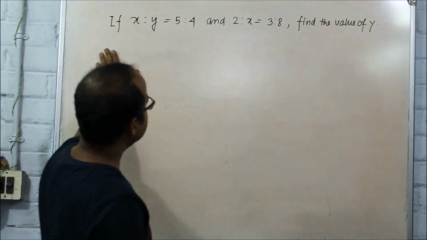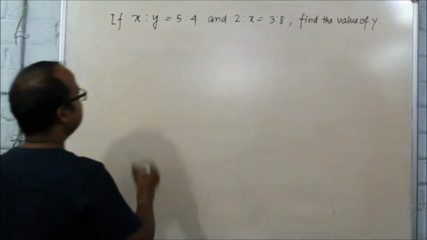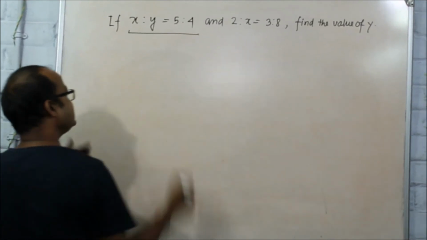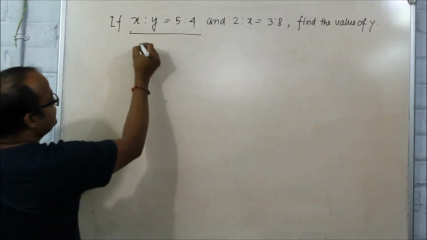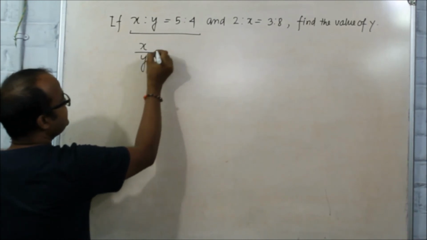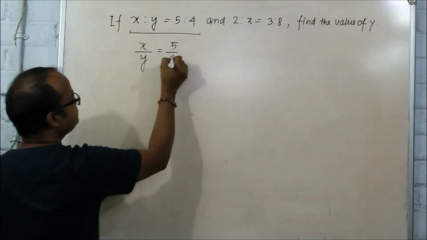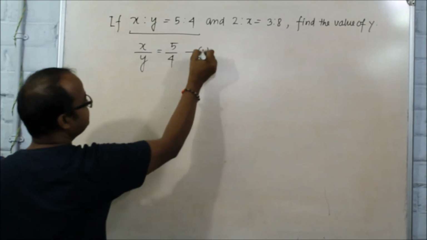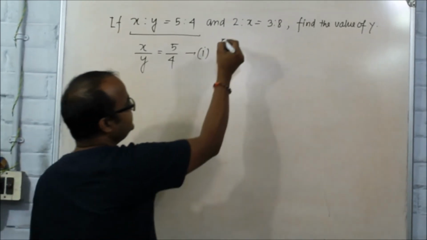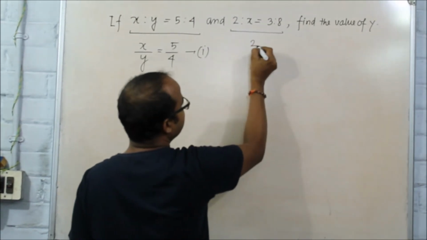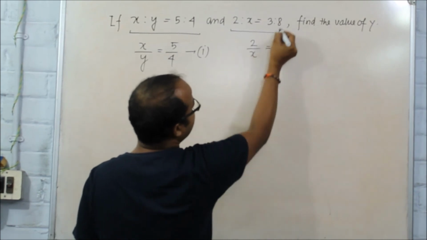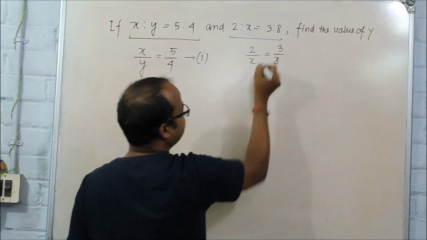Before we wind up, let us solve another problem. Here X is to Y is given as 5 is to 4. So we can write X by Y is equal to 5 by 4. So this is equation number 1. And 2 is to X, that is 2 by X is given as 3 is to 8, that is 3 by 8.